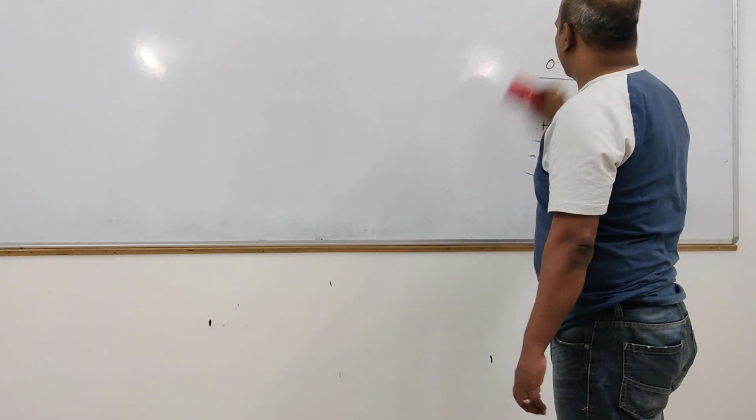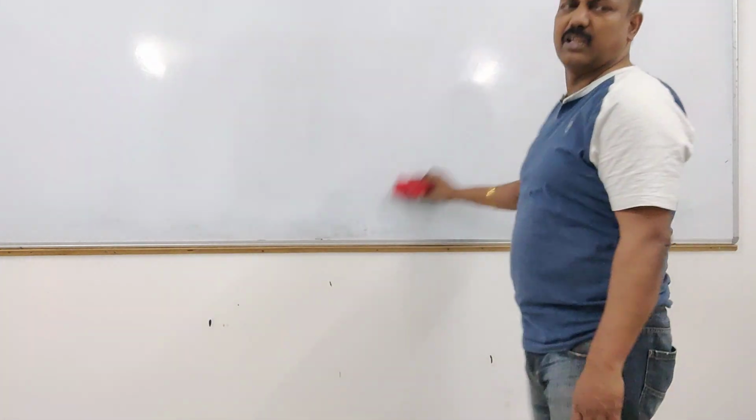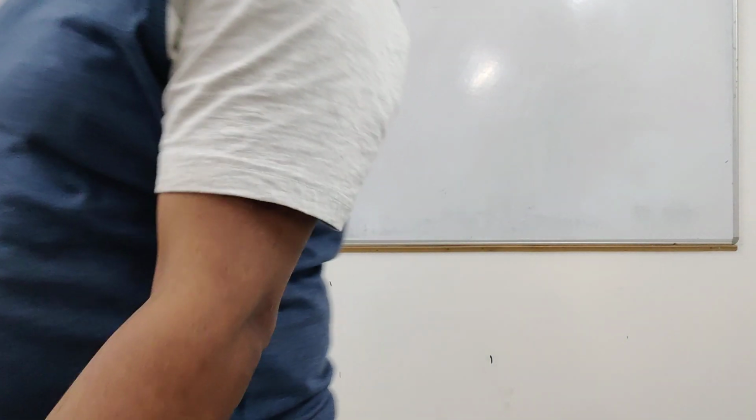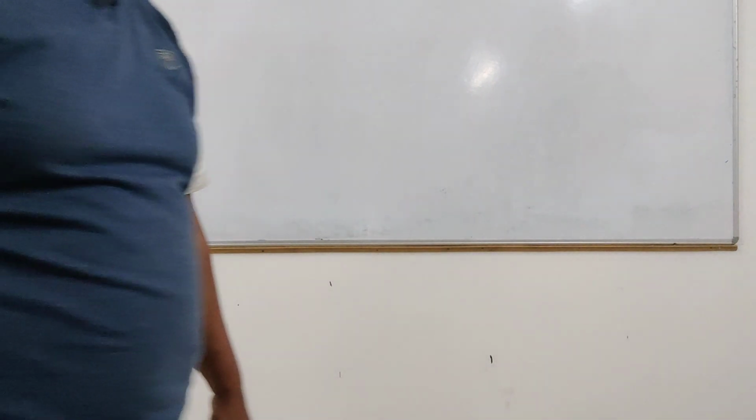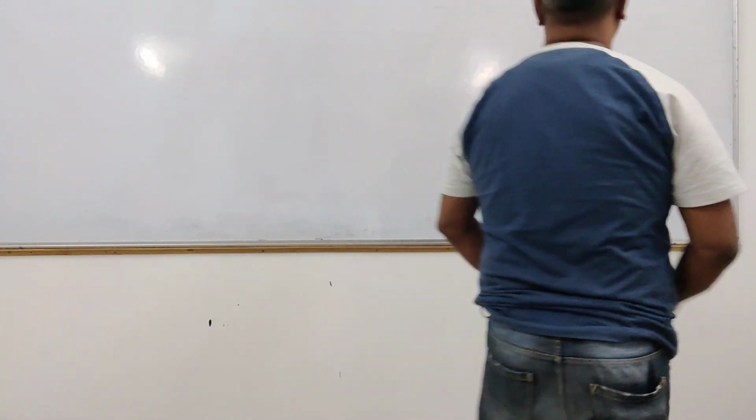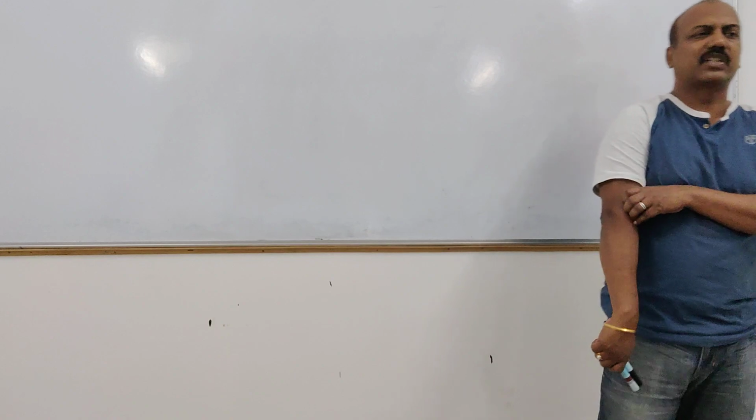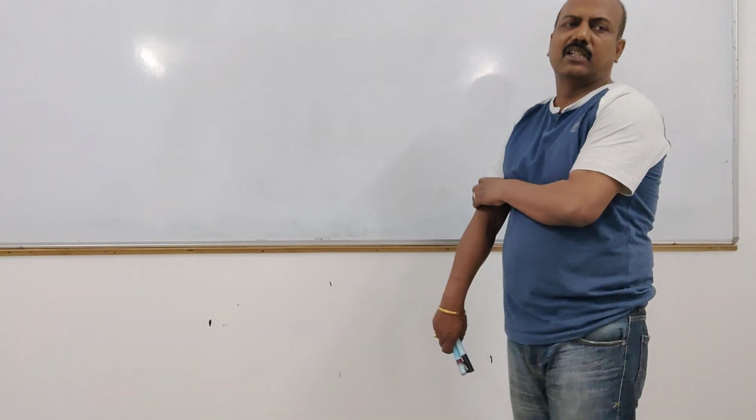The value of K is not given in this question, so that is why it is not given. The value of K for water is 1.86 Kelvin kg mole inverse.